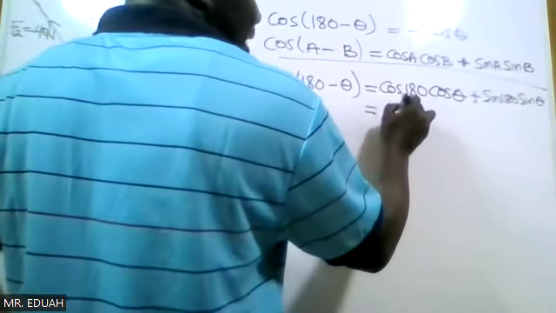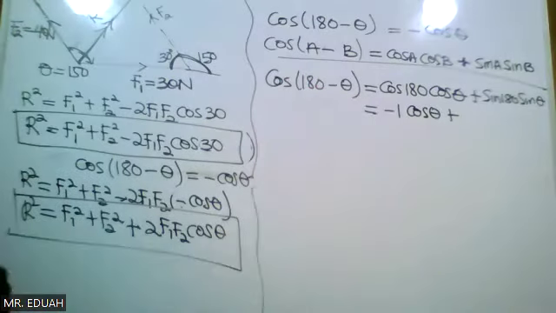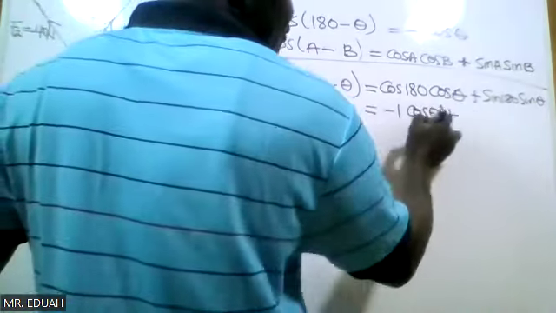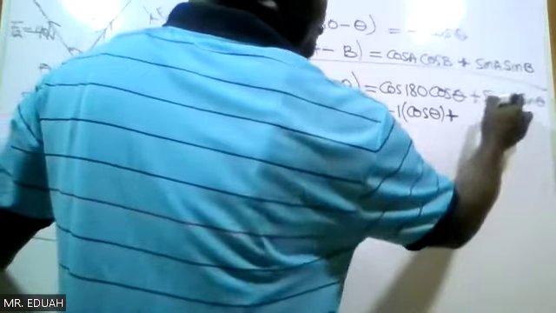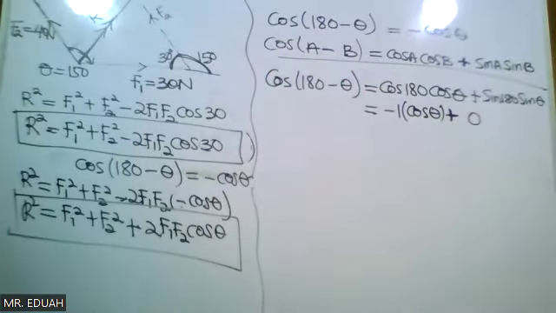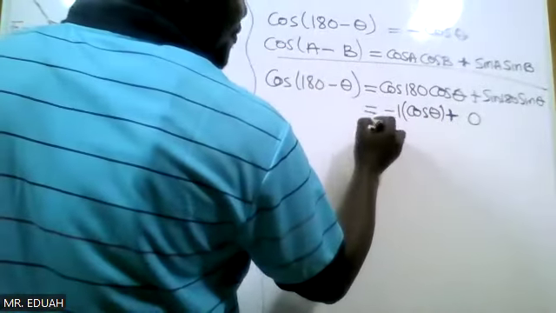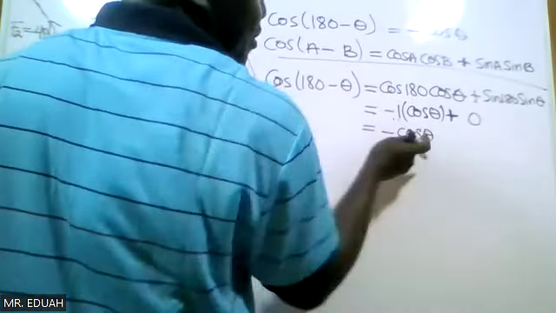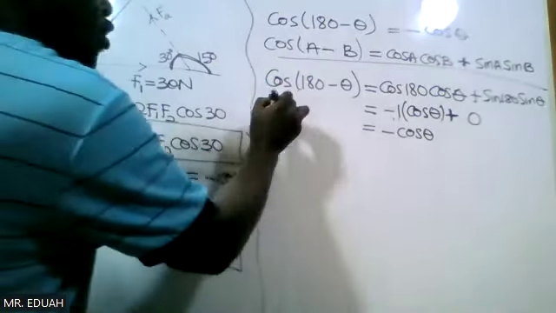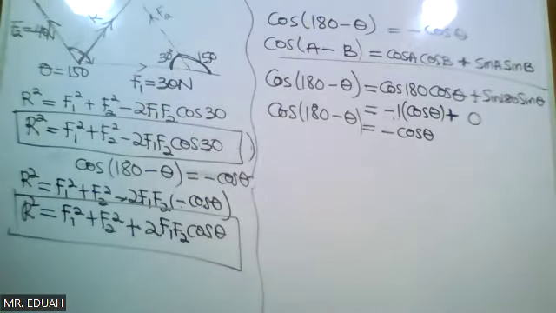So minus 1 times cos theta plus sine 180. Sine 180 is 0. Please confirm. 0 times any number is 0, so you don't even worry yourself. So this is 0 times sine theta, which is 0. But we have minus 1 times cos theta, which is minus cos theta. Plus 0 is the same as this. So this is how cos 180 minus theta is equal to negative cos theta.